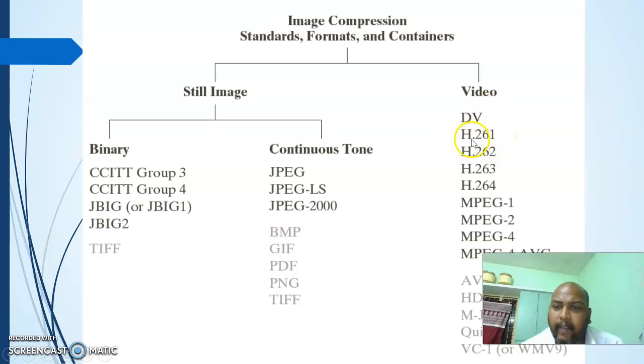The ITU standards are H.261, H.262, H.263, H.264, like this the standardized codecs were released, and in ISO standardized compression standards the series is MPEG 1, 2, 3, 4. In such a way the codec compression standards were framed.